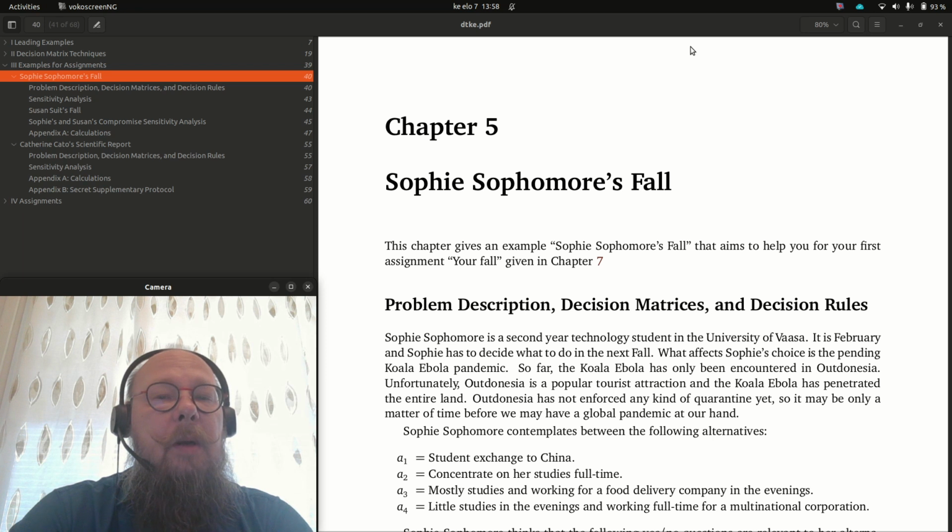Then, doing some obvious modifications, you will get your own first assignment done once you make a variant of what happens here. So in this section 1, we give the problem description, we define the decision matrices and decision rules.